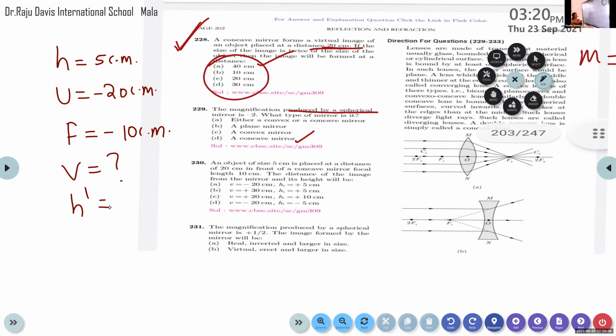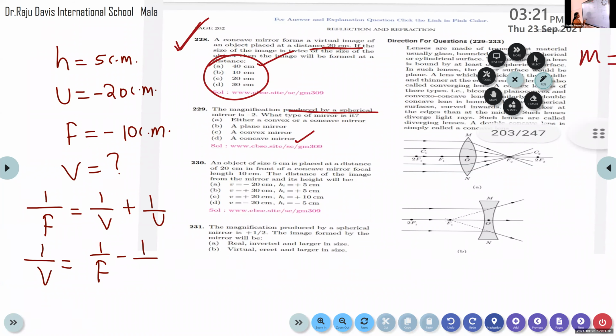First of all, we can calculate the image distance. What is the equation we can use here? According to the mirror formula, we have 1 by f is equal to 1 by v plus 1 by u. Rearranging, we get 1 by v is equal to 1 by f minus 1 by u.